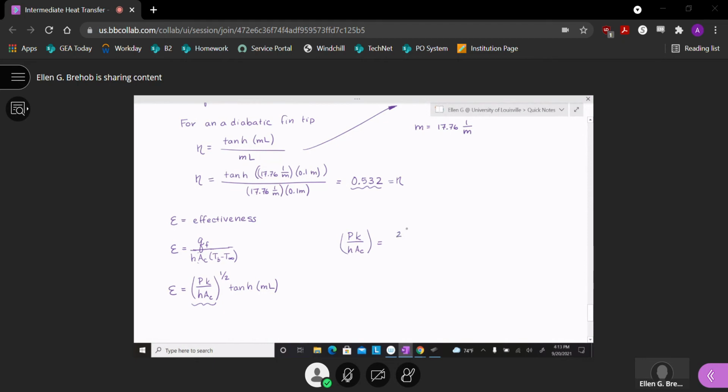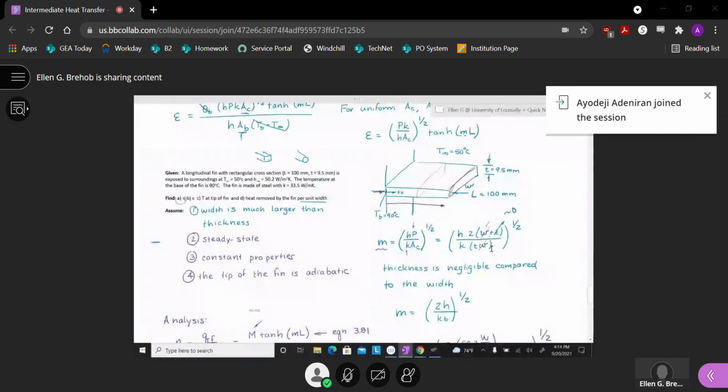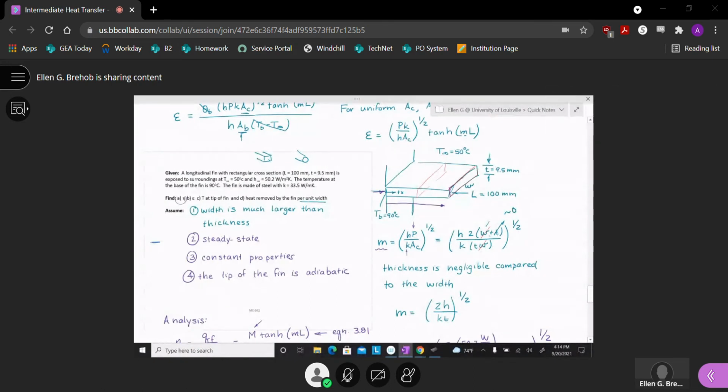For perimeter, 2 times width plus thickness, and thermal conductivity k, and then over h, and cross-sectional area is W times thickness. Just scrolling back to that picture for a minute, this is my perimeter: I have to have 2 thicknesses and 2 widths.